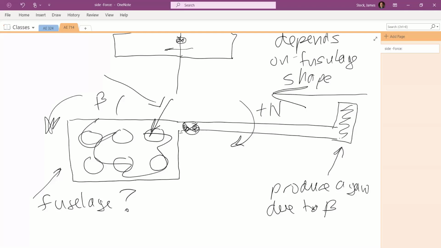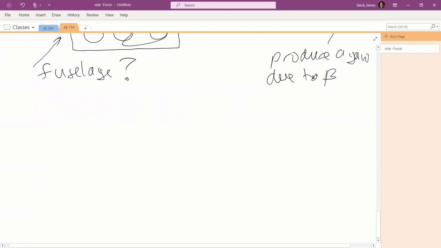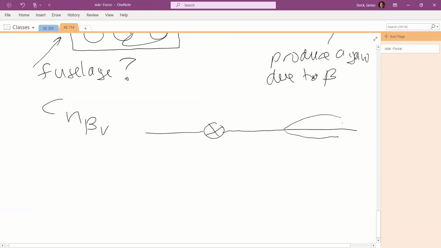Okay. So the last thing we want to look at for CN beta is the vertical tail effect. So draw a picture like this. We're talking CN beta vertical tail. Here's your CG. Here's the vertical tail, made really big.